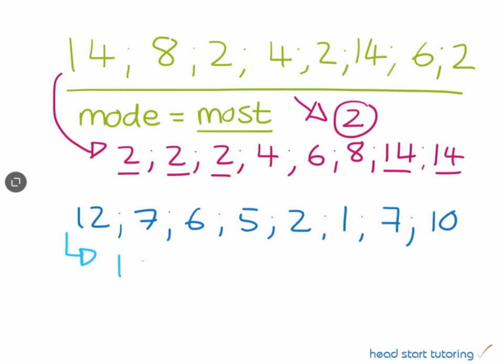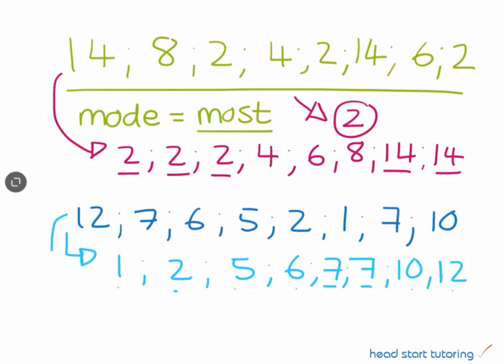So I'll start with 1, 2, 5, 6, 7, 7, 10, and 12. And as we can see, all the numbers appear once except for 7, which appears twice. So the mode for this group of numbers will be 7.